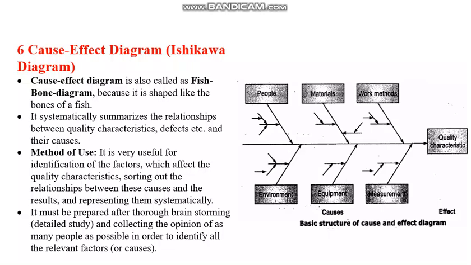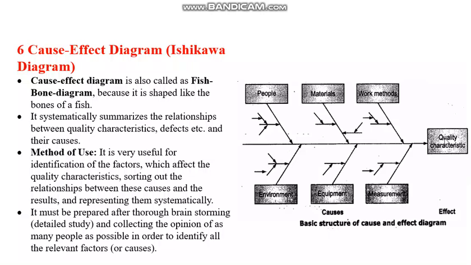This diagram summarizes the relationships between the quality characteristic and the defects and their causes. A quality characteristic can be a positive characteristic or a negative characteristic. Now defects is a negative characteristic here.